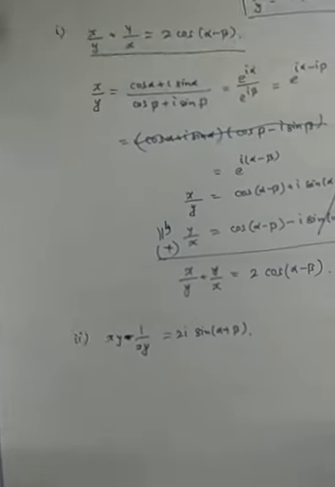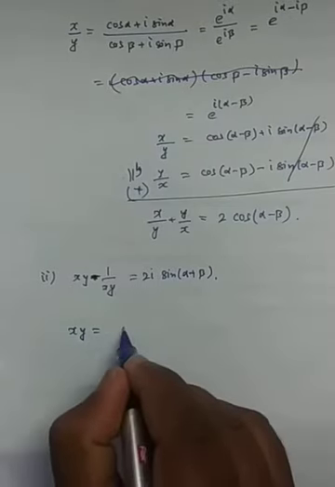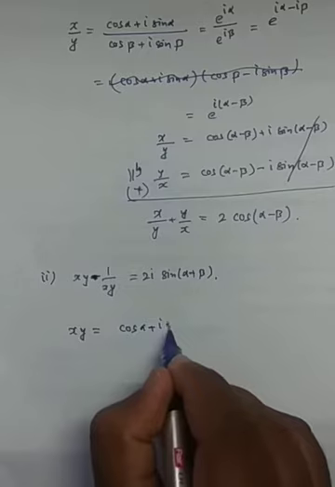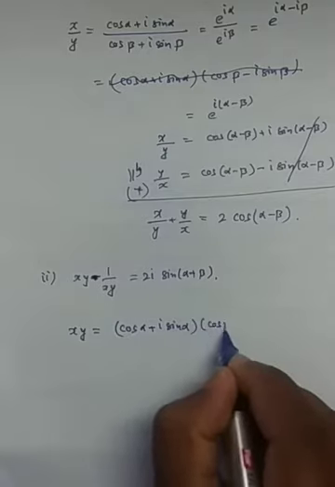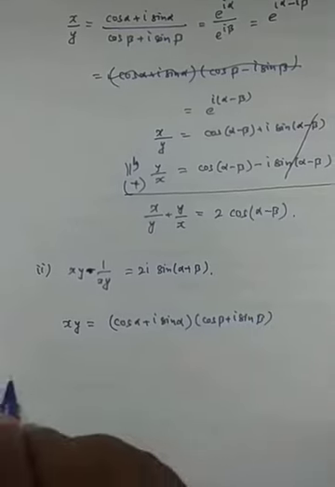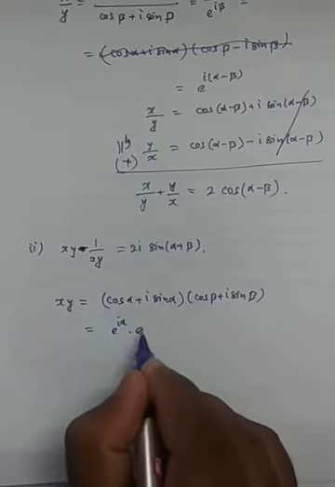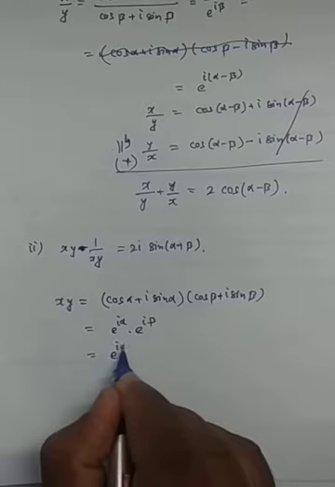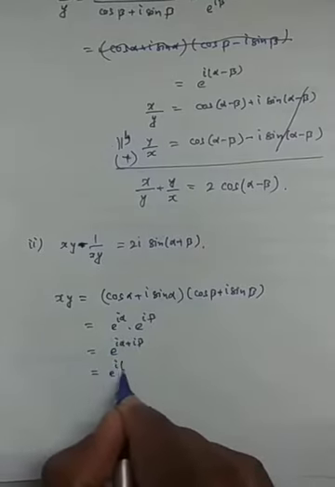First I am going to write xy. x is cos alpha plus i sin alpha, into cos beta plus i sin beta. This is the formula, right? That is nothing but e power i alpha into e power i beta, that is e power i alpha plus i beta, which we can write as e power i alpha plus beta.